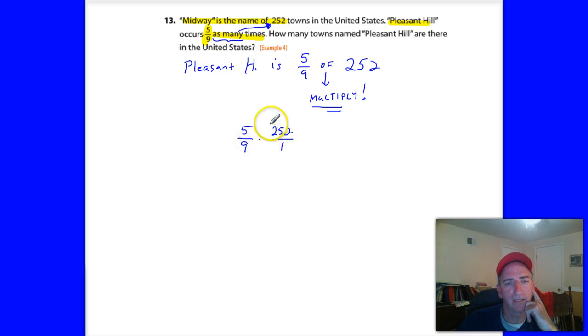Now, I see a little trick here that you probably don't see, but 9 actually divides into 252. So look what I'm doing again. I'm taking out the common factor of 9. 252 divided by 9, I went ahead and worked that out for you, is 28. And on the bottom, 9 divided by 9 is 1.